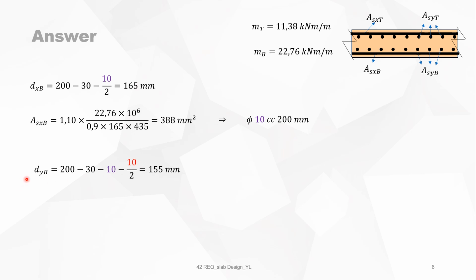In the second layer at the bottom, the lever arm or the effective depth is then equal to 155 millimeters, and the needed reinforcement is equal to 413 square millimeters, or diameter 10 every 190 millimeters.